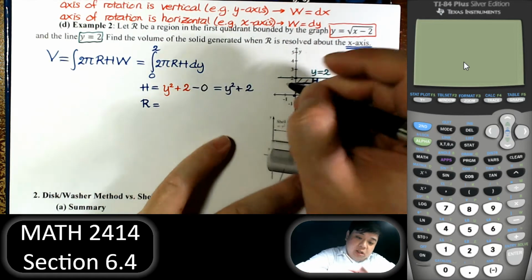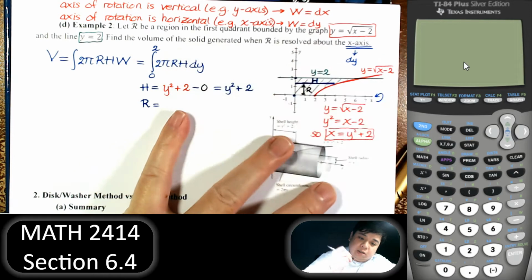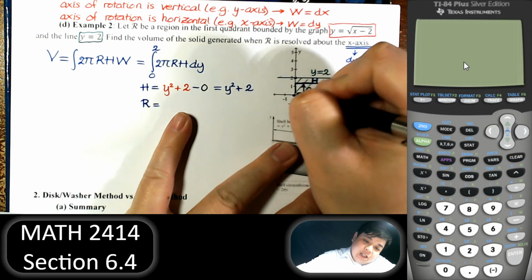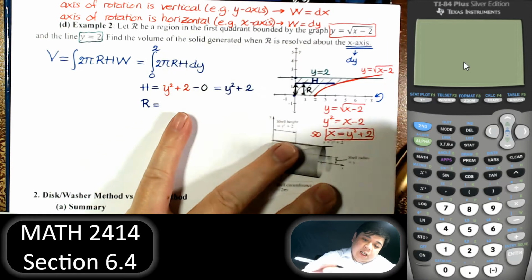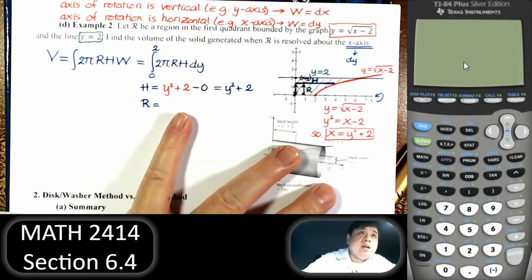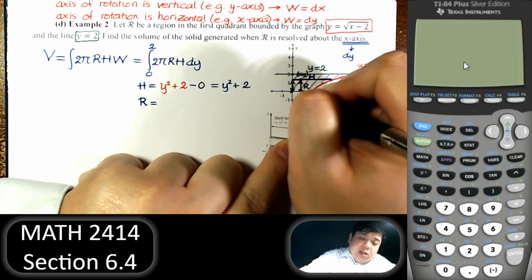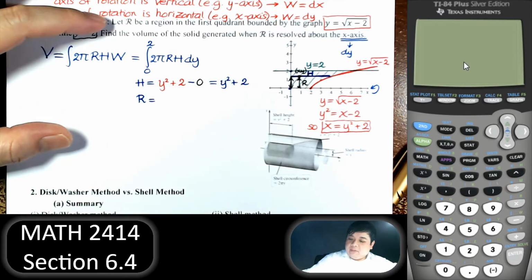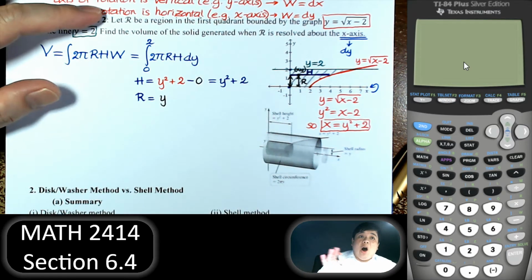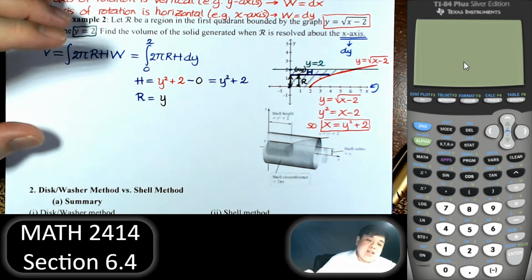So this is r, or we can say this is R. Either way, if we have a point here with x and y coordinates, that distance is going to be the y coordinate, right? By the way, R is not always x or y. This could be something else. We'll talk about that in the next few examples.